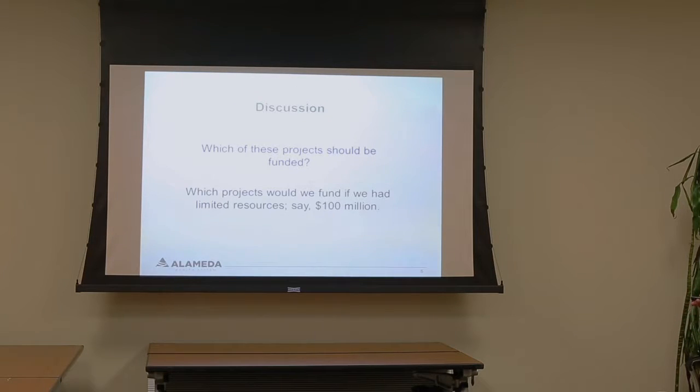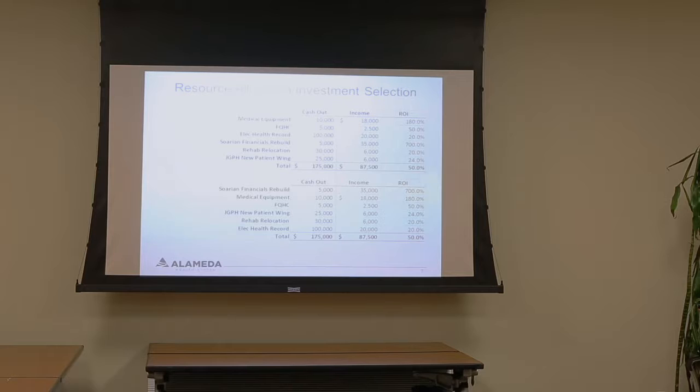In finance, they teach you this little technique. Here are all these projects, and we're looking at the cash out the door, 175 million, and the annual income, 87.5. Here's the return for each. So in finance, what they teach you to do is sort them by the return, put the highest return on top, and do those.